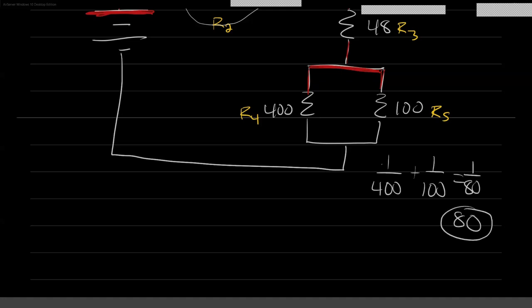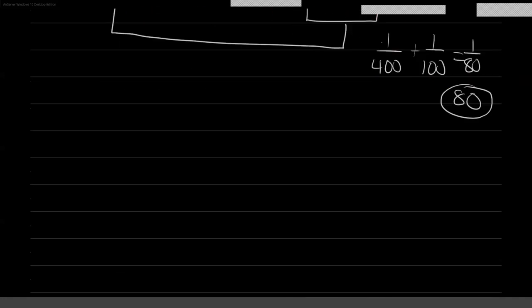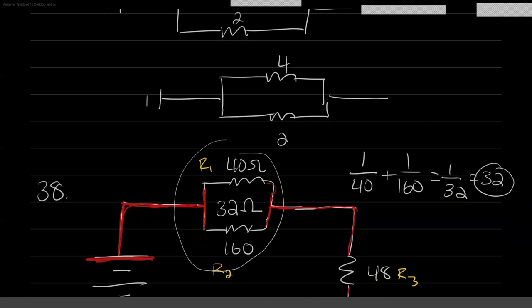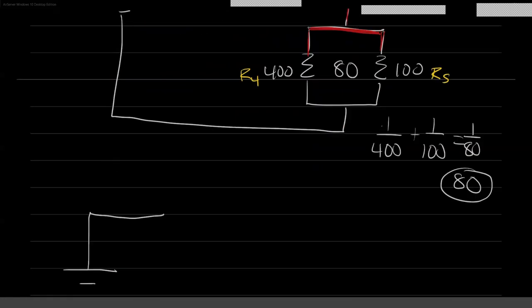I'm going to plop that here. And now I'm going to redraw. So here's my battery, comes out, and instead of drawing these two parallel resistors, I'm just going to draw one. It's going to be that new 32 ohm resistor.